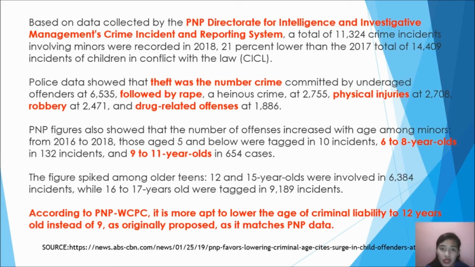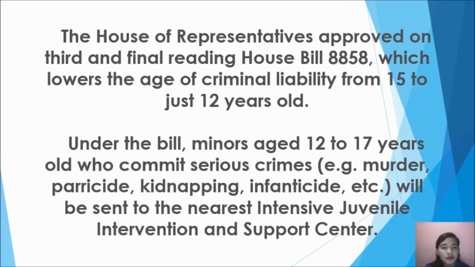The figures spike among older teens, 12 to 15 years old, then 16 to 17 years old. According to the PNP, it is more apt to lower the age of criminal liability to 12 years old instead of 9, as originally proposed, as it matches PNP data.